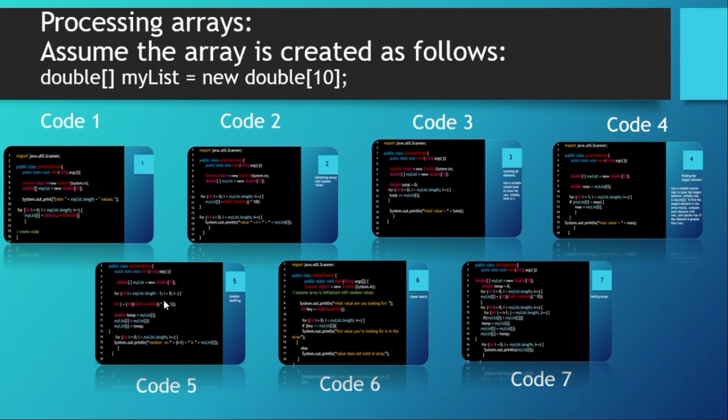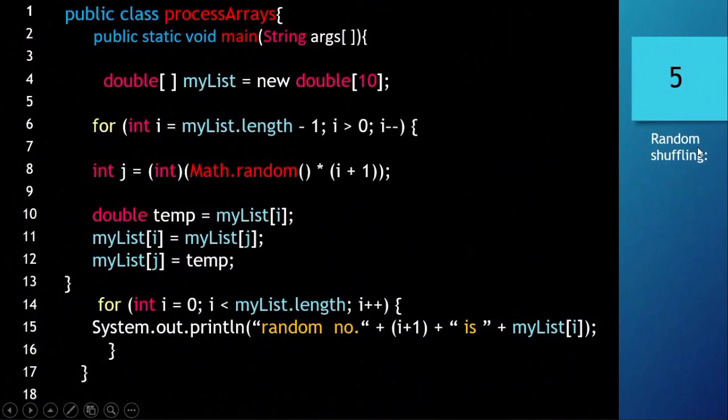And then 5, we have random shuffling. This is especially important when it comes to some concepts later on in programming. But essentially, if you want to shuffle values, or you want to change the position or the value of an array from one point to another, you could use this syntax here.